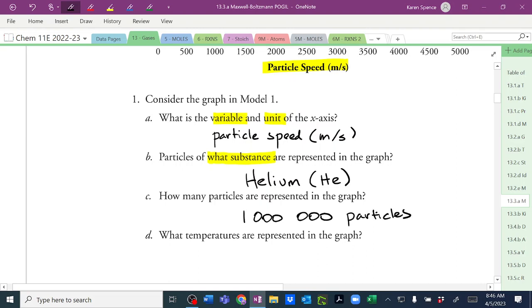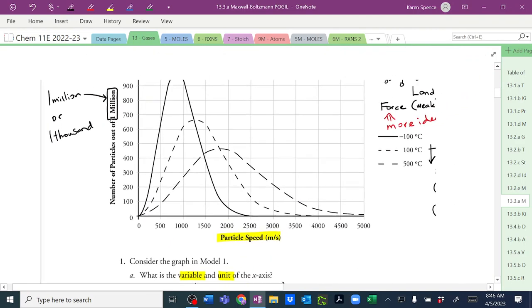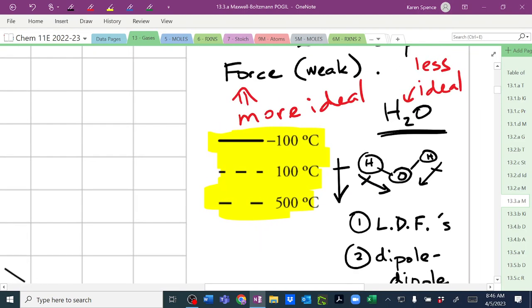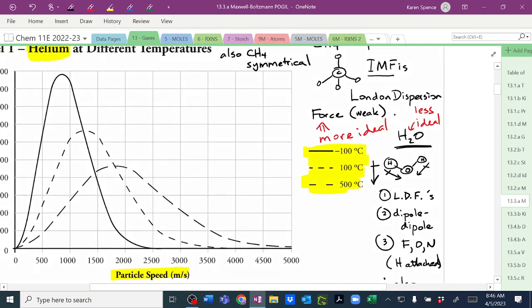And what temperatures are represented in the graph? Well, if we zoom out a little bit and get past all of my writing, over on the right there we have -100, 100, and 500. I'm just going to take a moment and label those. That's -100, I should put the negative in front of that.